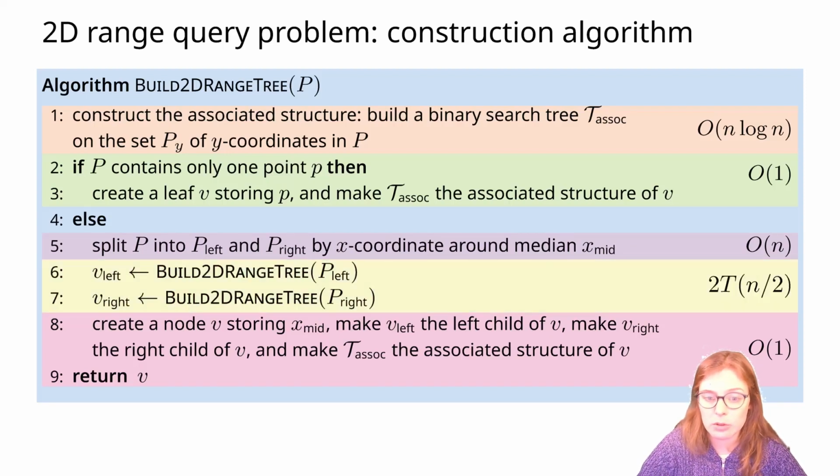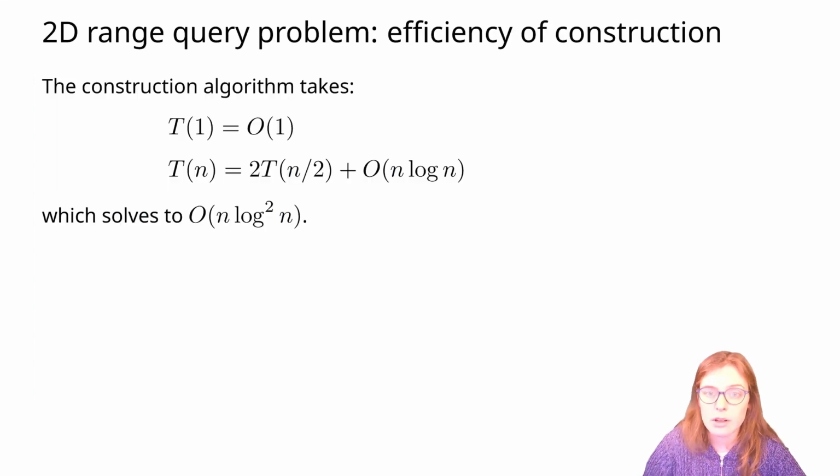And let's denote the two recursive calls as taking the time 2T of n over 2. So the running time of the construction algorithm is given by the following recursive formula. The running time T of n equals 2 times T of n over 2 plus big O of n log n, which solves to n log squared of n.